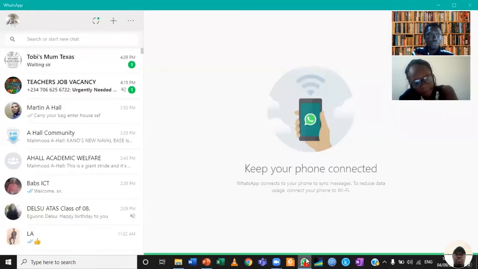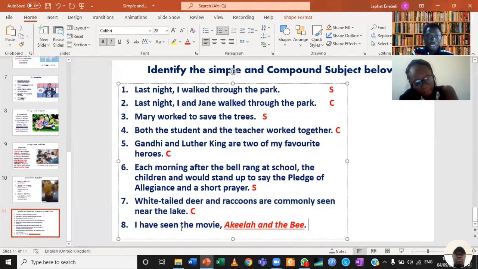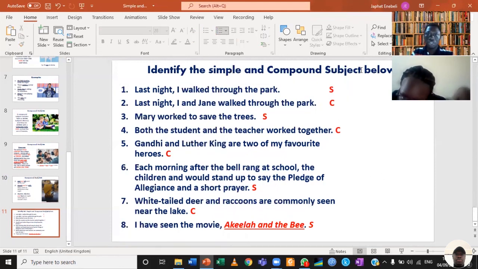So remember, you look for the subject, okay? And once it's just one, you have it. Simple. Once there are two words, two names, you're referring to compound subjects.